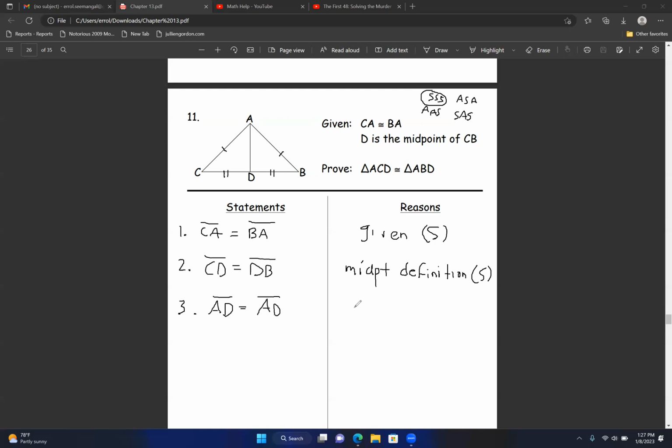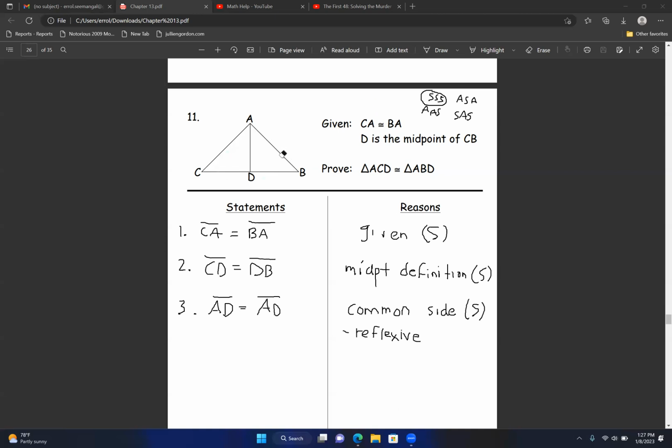Okay, just say common side. You know what that means? It just means that AD is common to both triangles. It's in the triangle on the left, and it's in the triangle on the right. Common side, or they might say reflexive. That just means the side is common to both triangles.